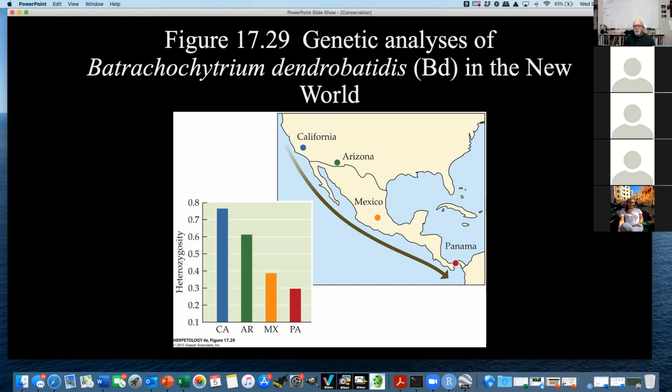And so they're now at the Atlanta Zoo. They're being bred in captivity with the hopes that someday, when someone figures out a way to reduce the impact of chytrid fungus on frogs and salamanders, they'll be able to reintroduce these animals back into their native environments. So, a little conservation airlift in action in that case.